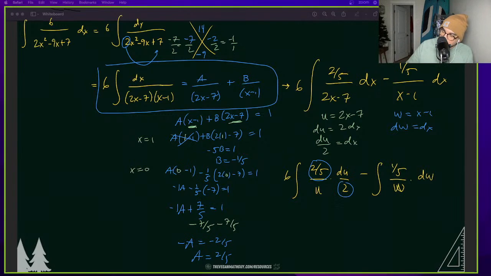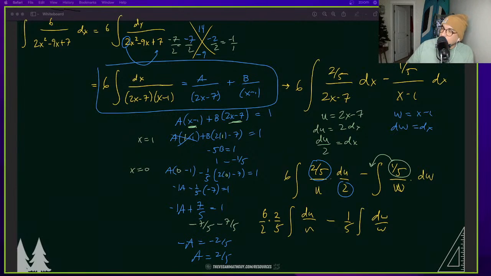This 2/5 and the 2 can go on the outside, so let's show how that's going to work. This is technically 6 divided by 2 times 2/5 times the integral of du over u, minus, and on that second integral, let's bring the 1/5 on the outside, and then we get 1/5 times the integral of dw over w.